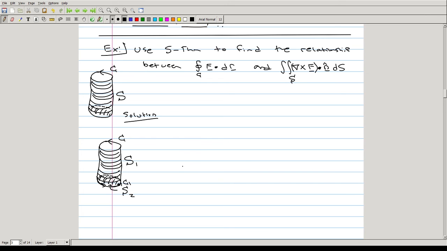So because each one of these surfaces is smooth and can be parameterized, just like we talked about before, we can directly apply our general Stokes theorem to each of the small bottom surfaces.